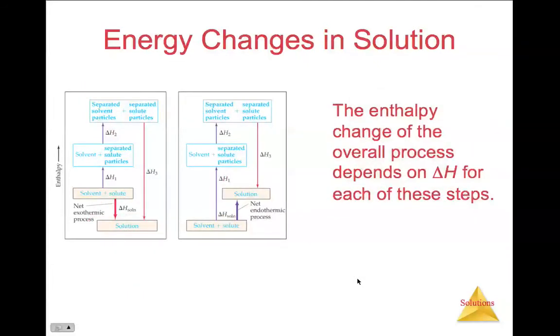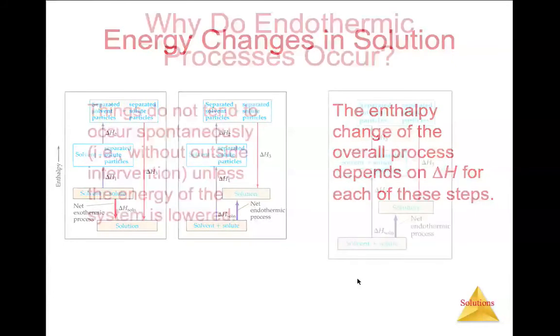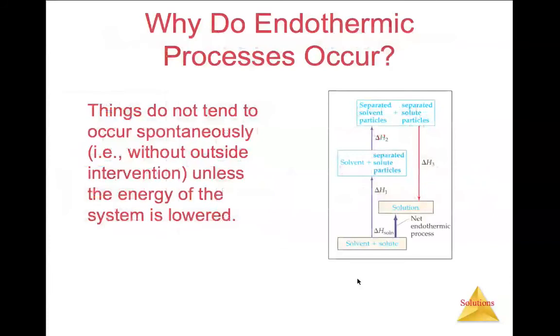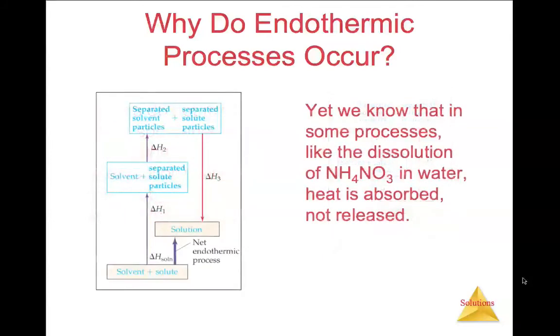The enthalpy change of the overall process depends on the enthalpy change for each of the steps. Things do not tend to occur spontaneously, that is, without outside intervention, unless the energy of the system is lowered. Yet, why do some endothermic processes occur?